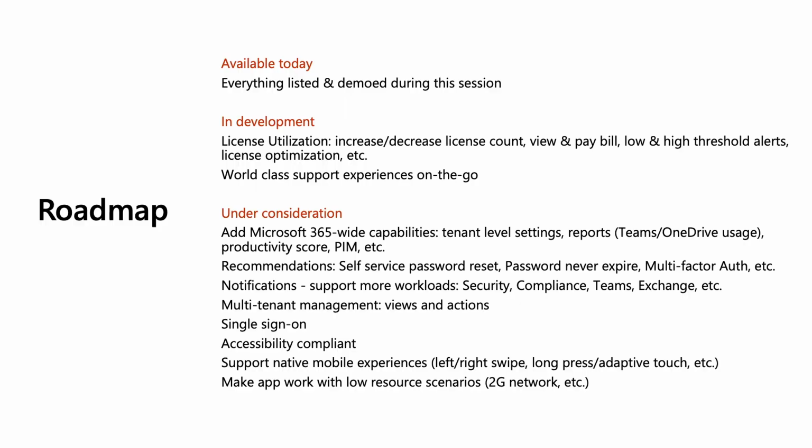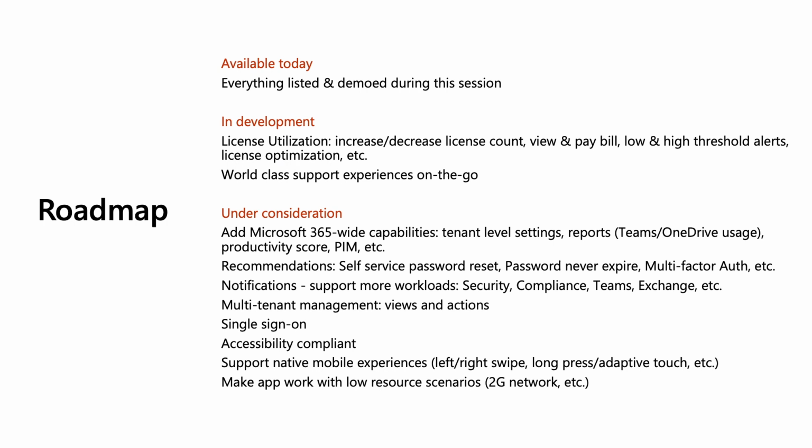Earlier, we saw a list of 90 plus tasks that the app offers. And out of them, we saw demos of multiple capabilities across the spectrum of our value framework. Now let's talk about our roadmap. In coming months, we want to enhance the license utilization scenarios.